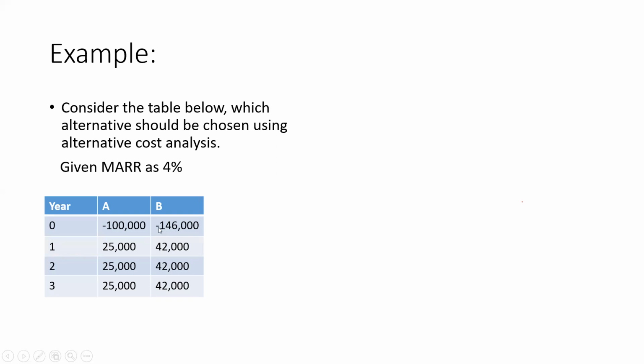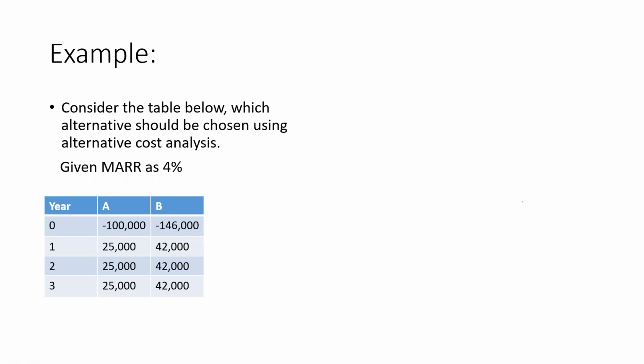The minus there has nothing to do with the money. It just shows that you are expending it, an outflow. So the investment cost for A is 100,000 and for B is 146,000. After year 1, the return, that means the benefit, is 25,000 for A and 42,000 for B, and that goes on till the third year.